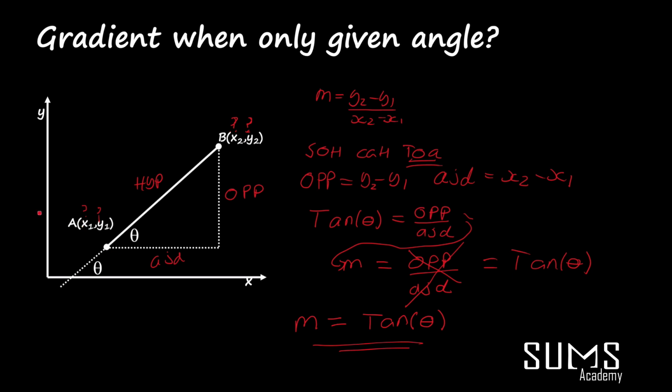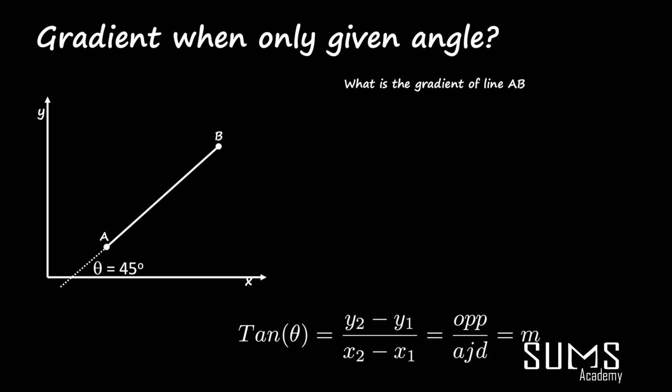So we're going to do a quick example to cement this in. What is the gradient of the line AB, given the angle? Again, all we have is this information about the line.